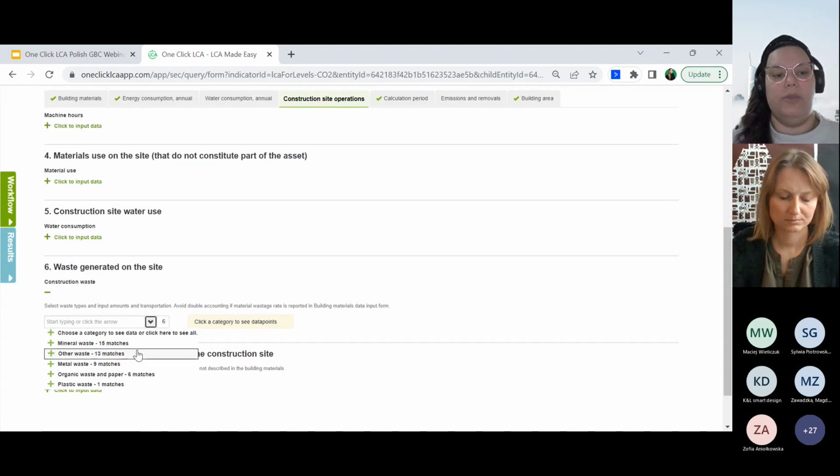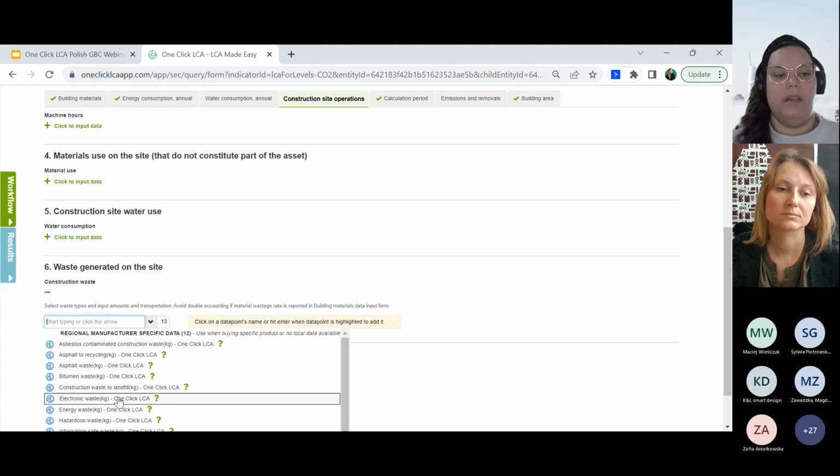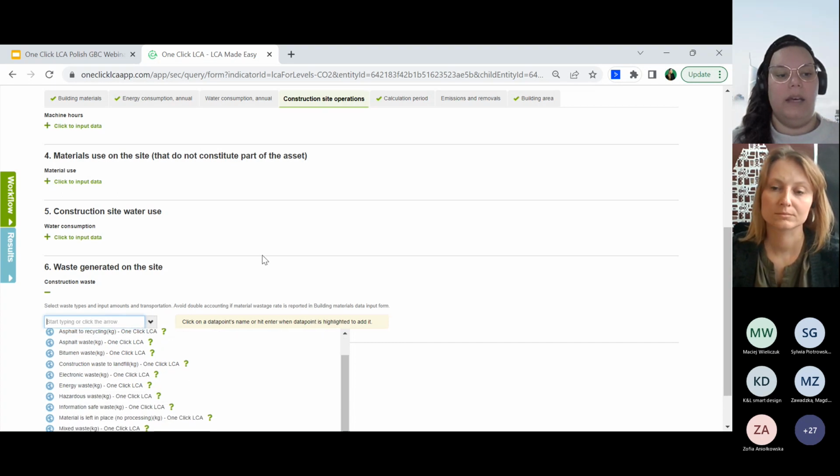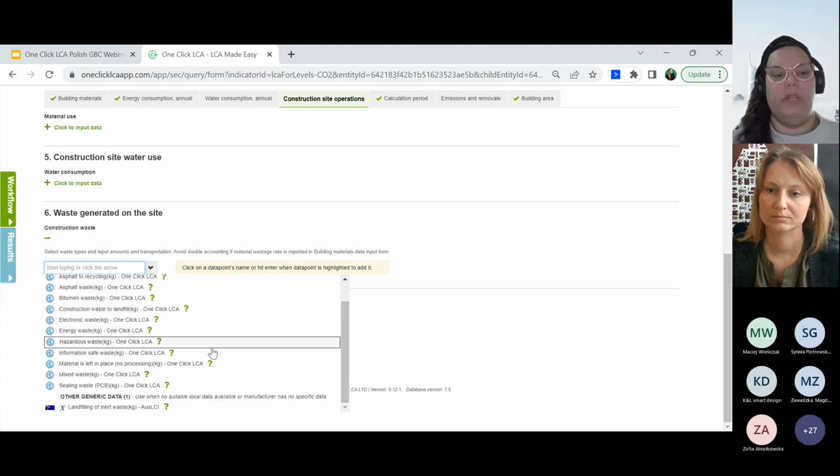Then you can choose here the type of waste that it would be. So in this case, it would probably be the other waste, and then you can choose here which would be the one and how you want to account for it.